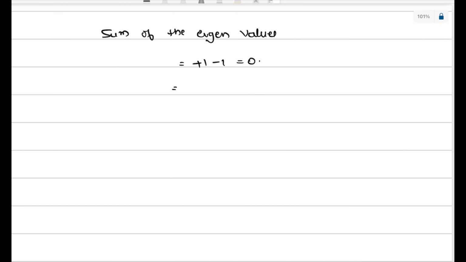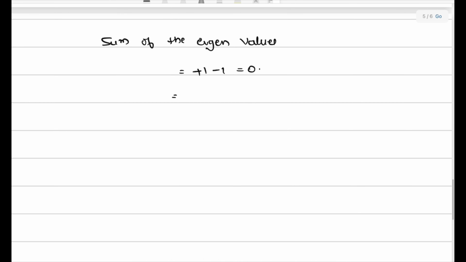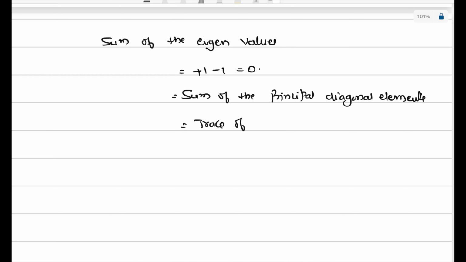That is equal to the sum of the principal diagonal elements. That is equal to the trace of the matrix. You just see how many properties we are deriving from this.